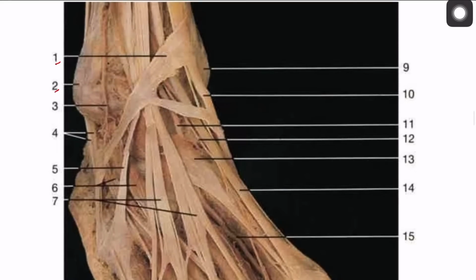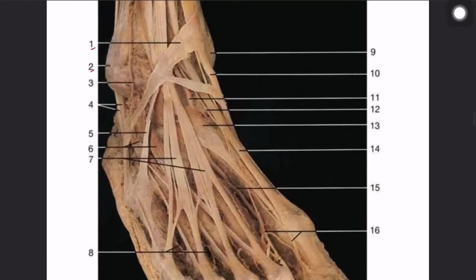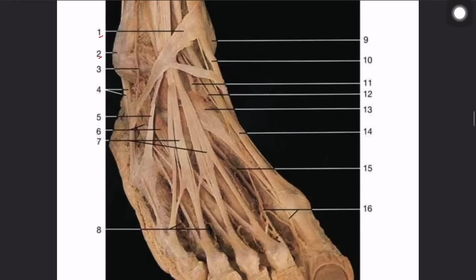Moving on to this, these are the muscles in the foot, and we need to identify a few of the blood vessels as well. I would like to start from the end. Looking at the big toe, you have a big muscle connected to the big toe all the way up, and you are on the dorsal surface, the extensor surface.